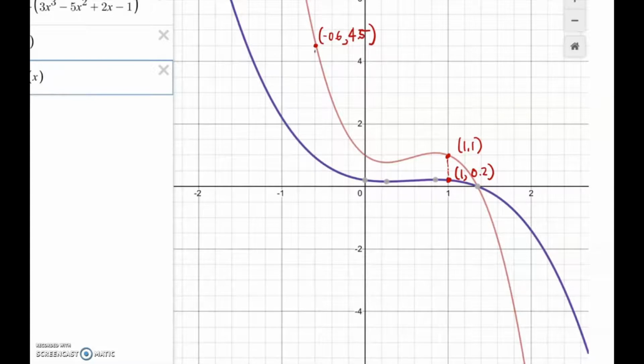So when I do the compression, it gets moved to this point right here, which is just slightly below that hash mark. And this will be the point negative 0.6, and it'll be about 0.9, which is 1/5 of the original y value. So that y value got compressed to 0.9.